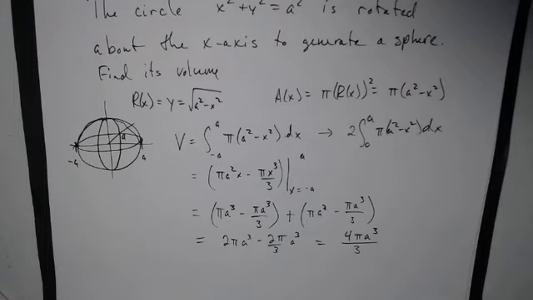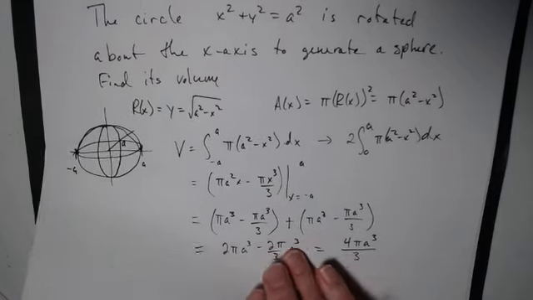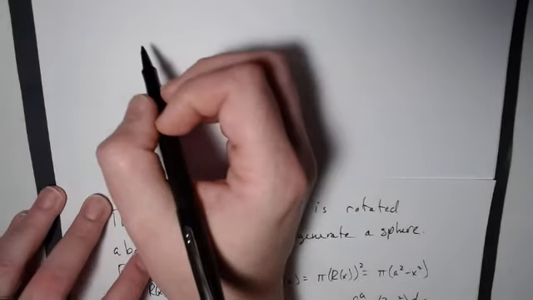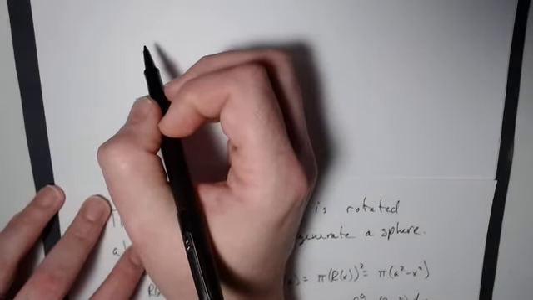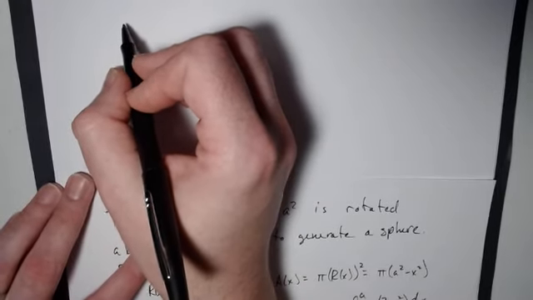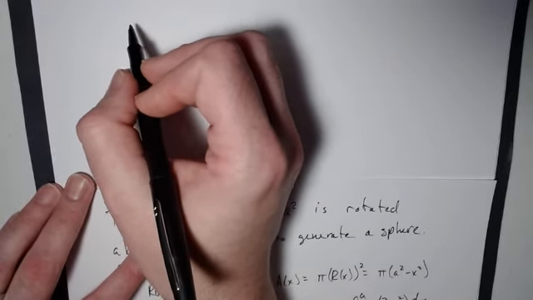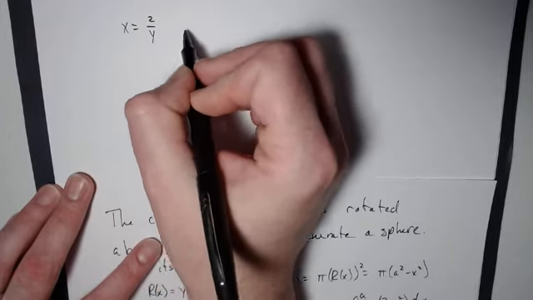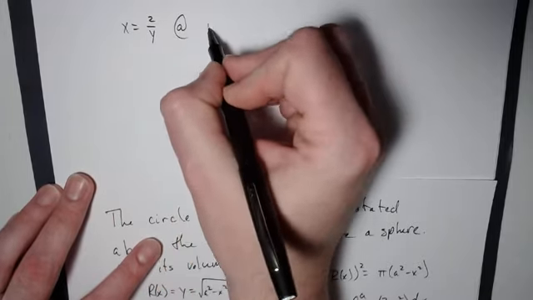These don't have to run in the x direction, so this is example 7, where we rotate the curve x equals 2 over y around the y-axis.